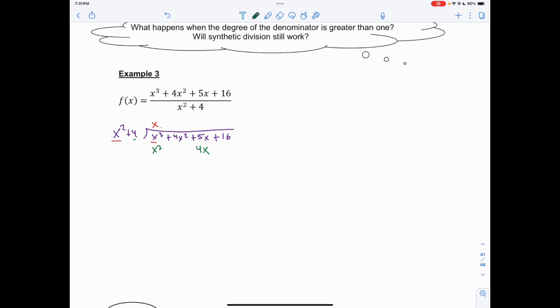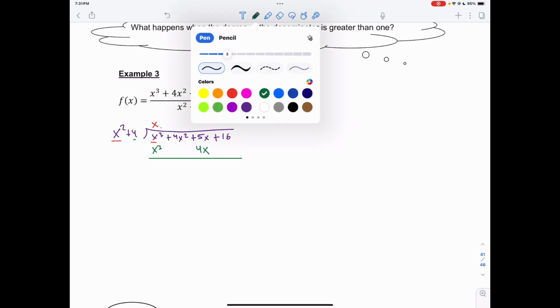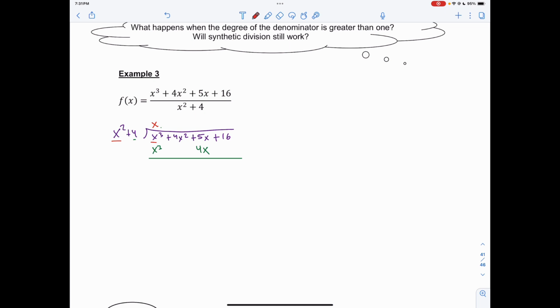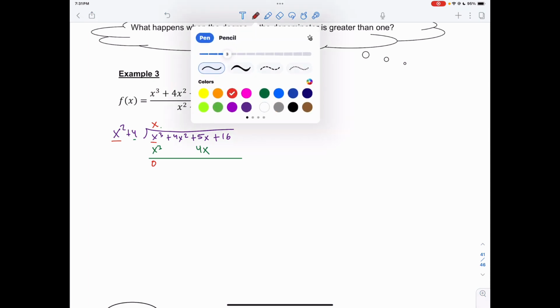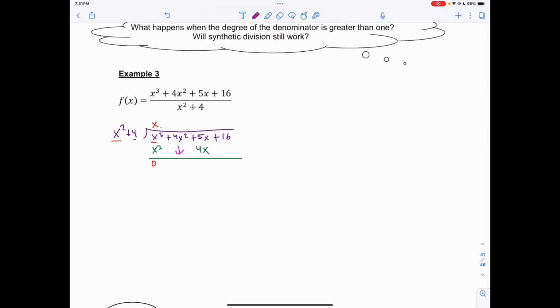So when I am subtracting those from each other, then the first term is going to cancel out to 0. The second term is not going to change at all. So that's going to carry straight down to be 4x squared.